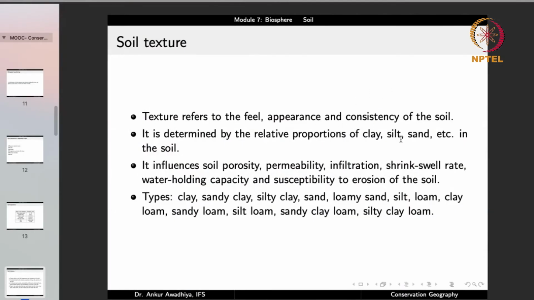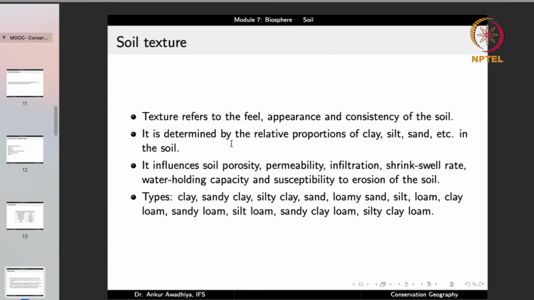What is the consistency of the soil? Does it have a uniform consistency, or does it have certain areas that are bulky and certain other areas that are very fine? So texture refers to the feel, appearance and consistency of the soil, and it is determined by the relative proportions of clay, silt, sand, etc. in the soil.